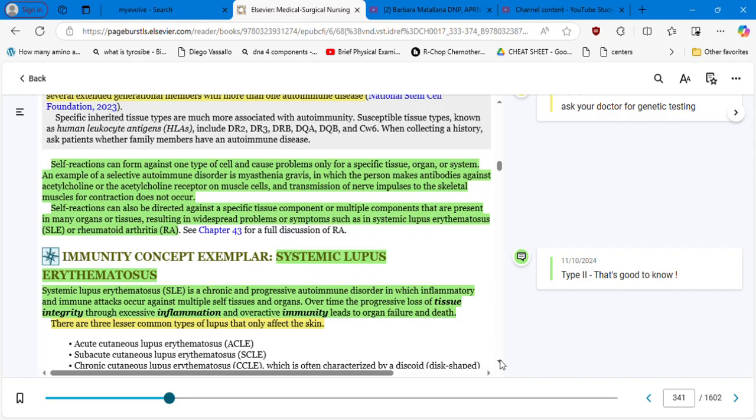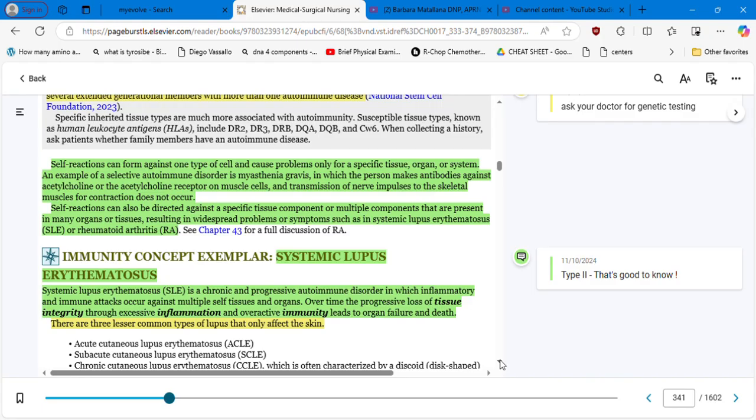Self-reactions can form against one type of cell and cause problems only for a specific tissue, organ, or system. An example of a selected autoimmune disorder is myasthenia gravis, in which the person makes antibodies against the acetylcholine receptor on muscle cells, and transmission of nerve impulses to the skeletal muscle for contraction does not occur.